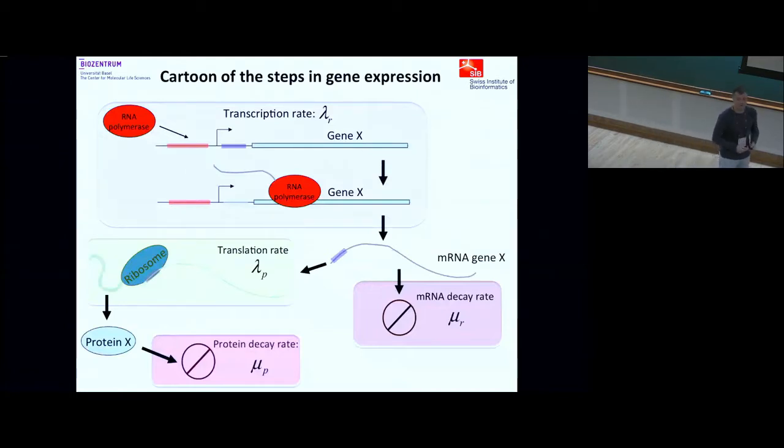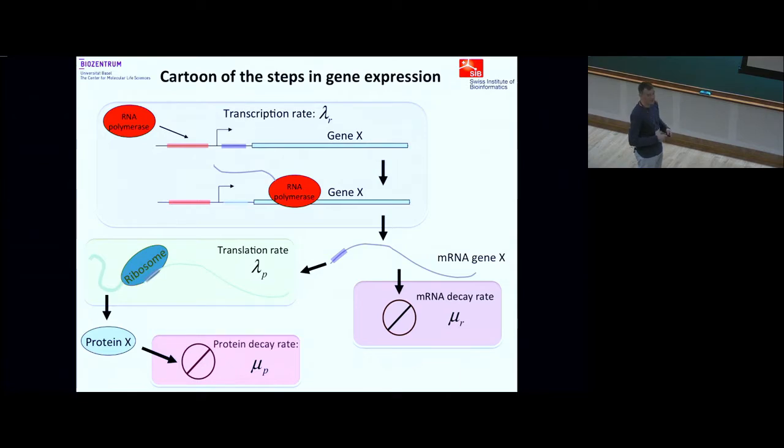So here's a little cartoon of how, in the very simplest situation in bacteria, gene expression works. So some gene here is sitting in the genome. There are these proteins, RNA polymerases, that transcribe. They have a binding site near the start of this gene.